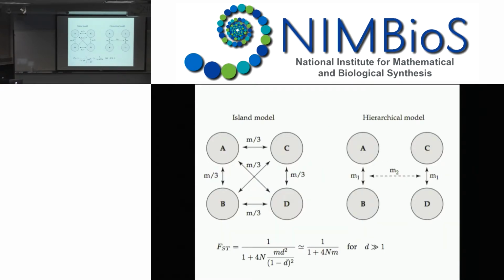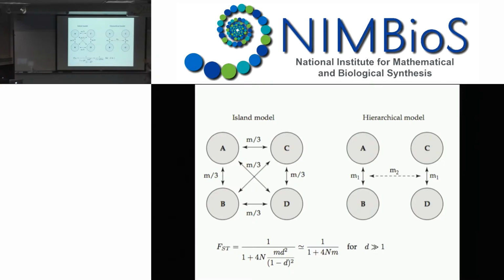In more complicated structures, so for example, here's an island model. In an island model, everybody routinely exchanges migrants with everyone else. You can have other models, though. For example, hierarchical models. Here you've got two demes that exchange at a fairly high rate, and they exchange between groups at a fairly low rate. You can also have what are called isolation by distance models. If populations are spread out in space, the closer you are, the more frequent migration is.